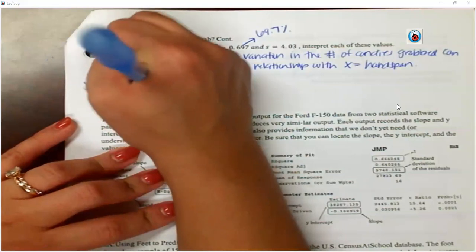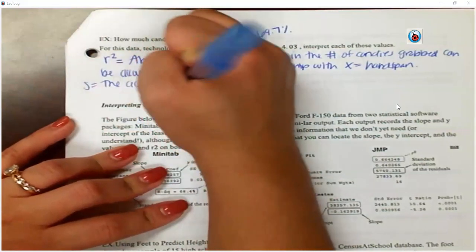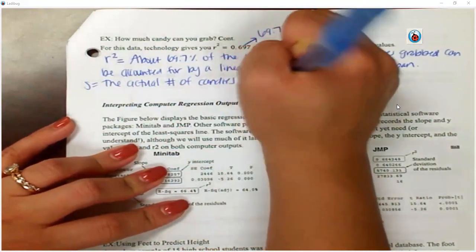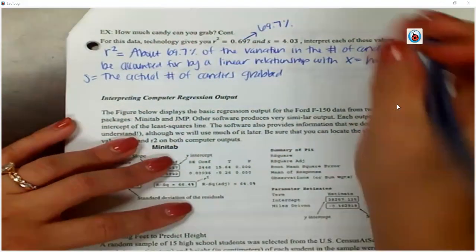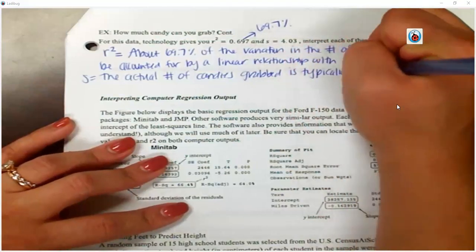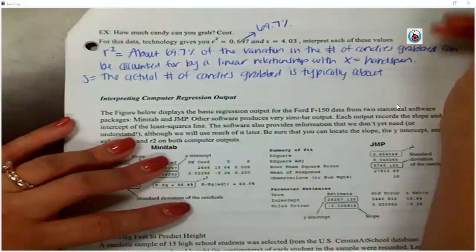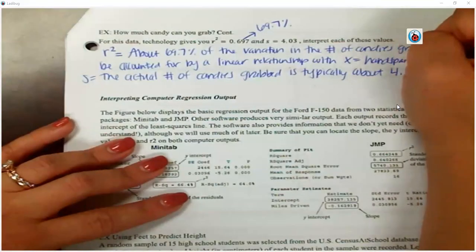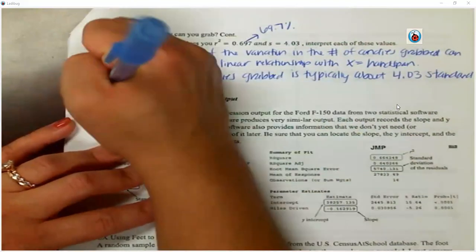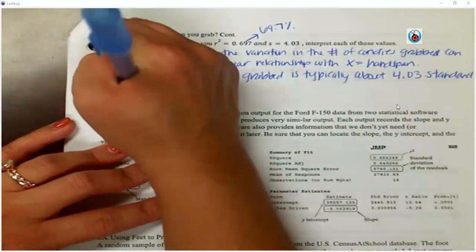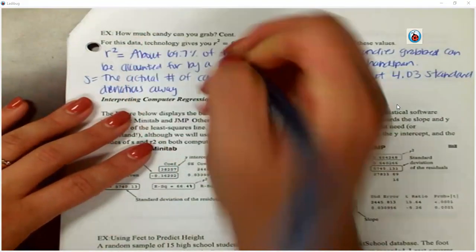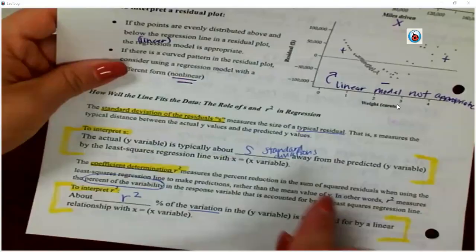So the actual number of candies grabbed is typically about 4.03 standard deviations away. Okay, so you can go back and look here.